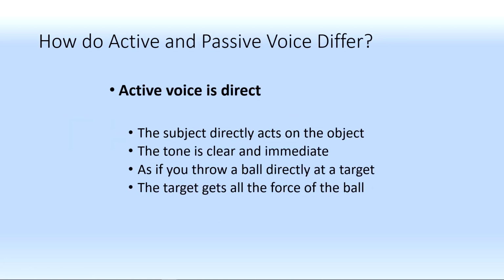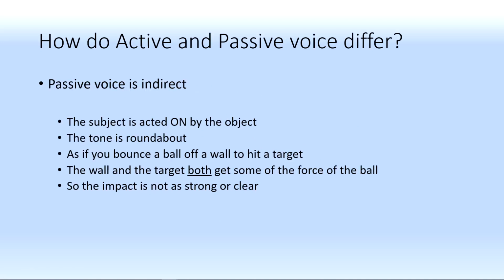Well, as I mentioned right at the beginning, active voice is direct. The subject directly acts on the object. The tone is clear and immediate. It's as if you throw a ball directly at a target, the target gets all the force of the ball, let's say. So this is really straightforward. On the other side, if we use passive voice, right, the subject is acted on by the object.